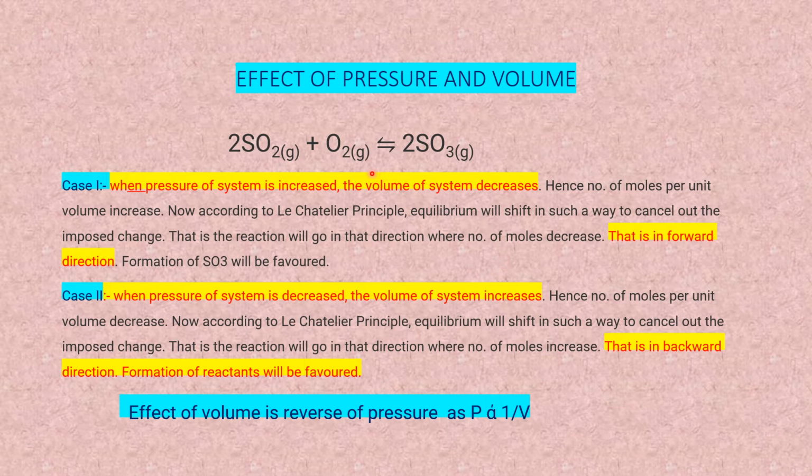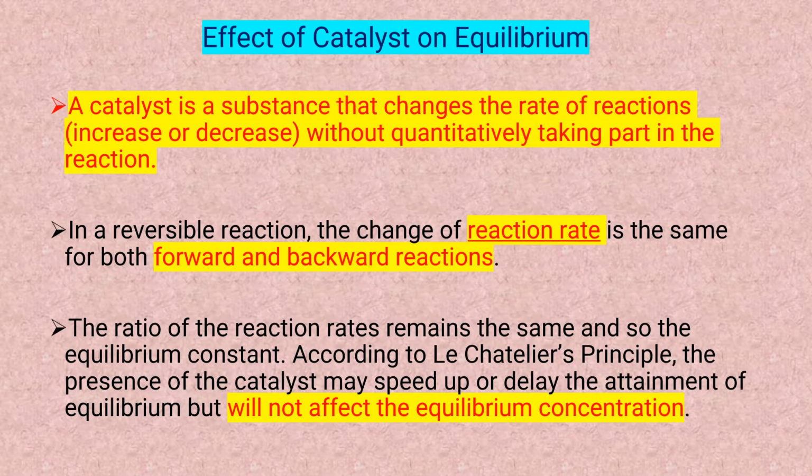That is, the number of moles must increase. And how the number of moles can be increased? If the reaction goes in the backward direction. That is, the formation of reactants will be favored. Effect of volume is just the reverse of the effect of pressure, because pressure is inversely proportional to volume.